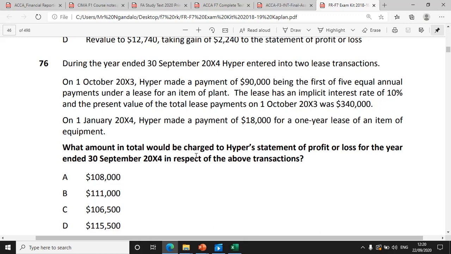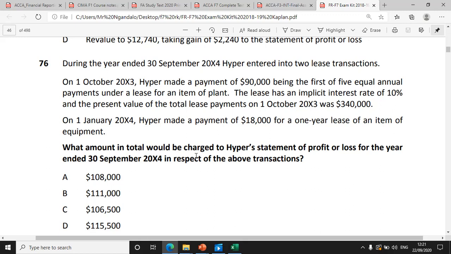We are told in 76, during the year ended 30th September X4, H entered into two lease transactions. On 1st October X3, H made a payment of 90,000, being the first of 5 equal annual payments on a lease for an item of plant. The lease has an implicit interest rate of 10%. The present value of the total lease payments is 340,000.